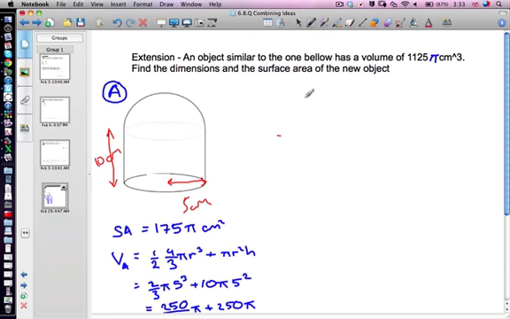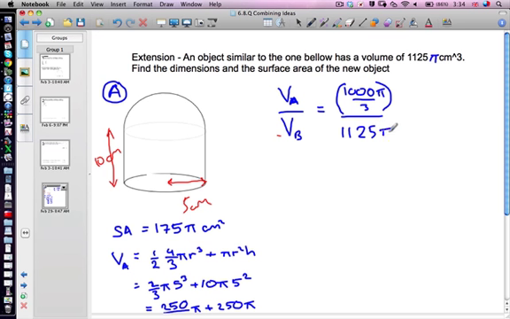We've got the volume of shape A, and we've got the volume of shape B. Now that ratio is volume of A, we just worked out 1000 pi over 3. That's the volume of shape A. Let's put all that in brackets. And the volume of B, we were told, is 1125 pi.